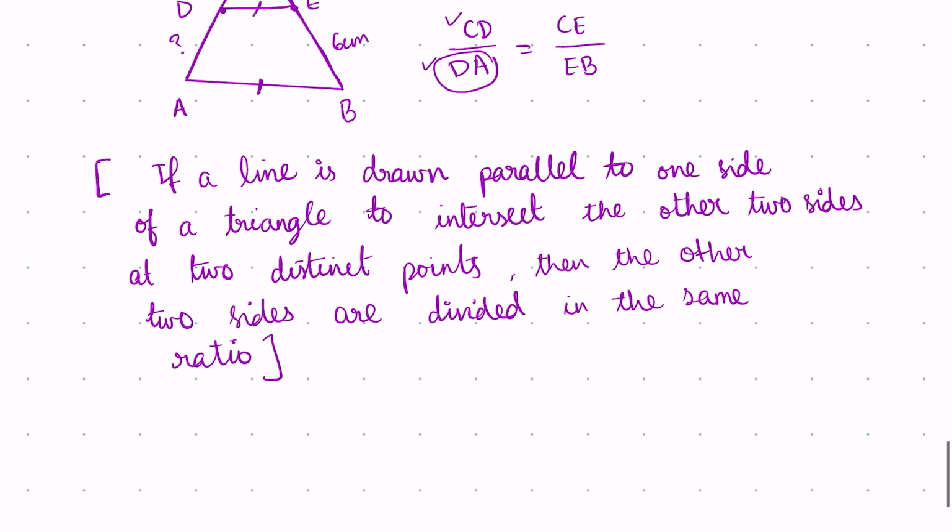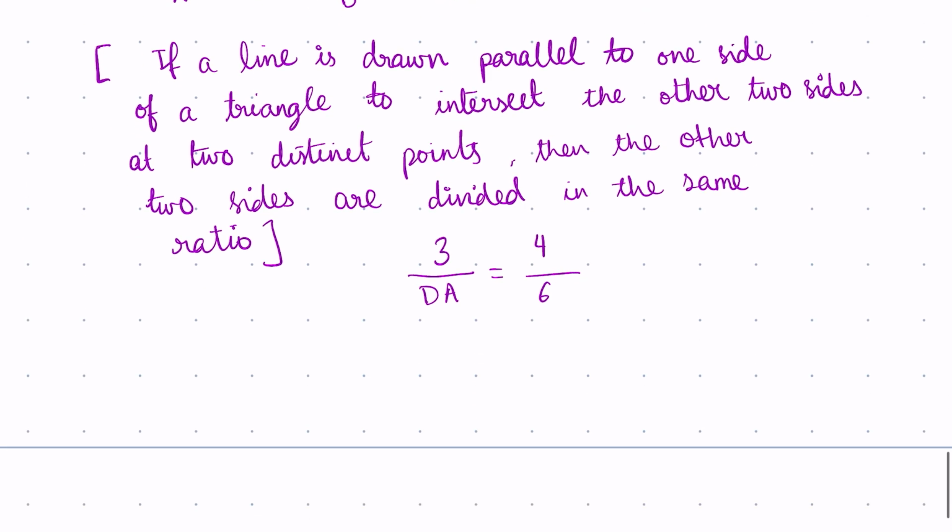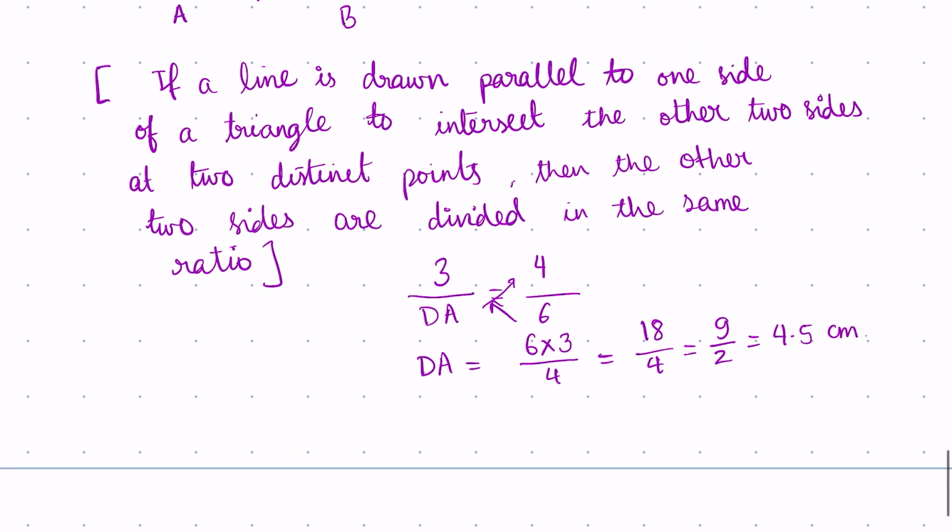CD is 3, divided by DA, which we have to find, equals CE is 4 and EB is 6. Cross multiplying, DA is equal to 3 times 6 divided by 4, which is 18 divided by 4, which is 9 divided by 2. That is equal to 4.5 centimeters. So that's again option C.